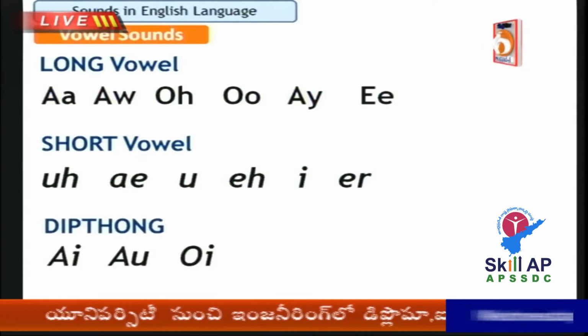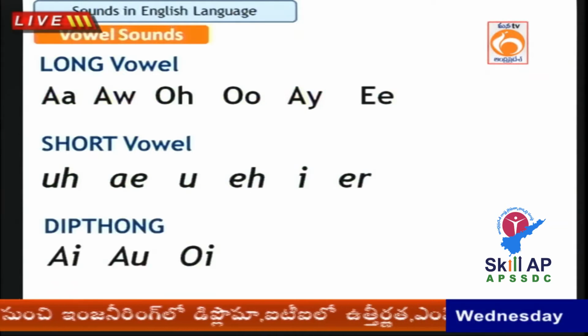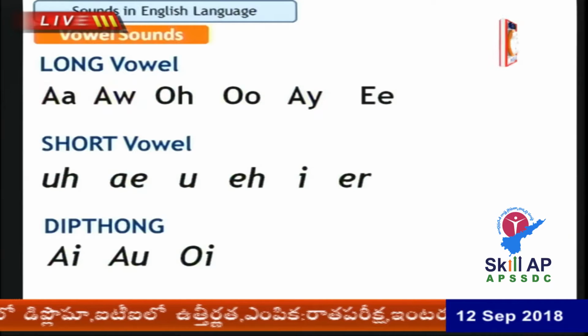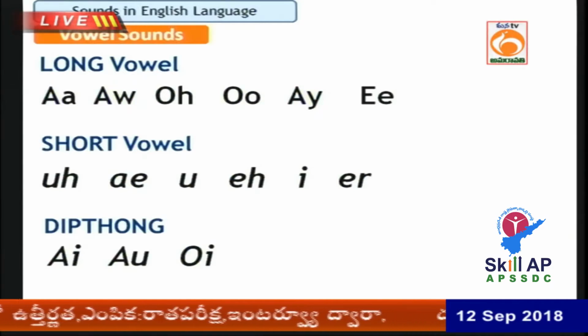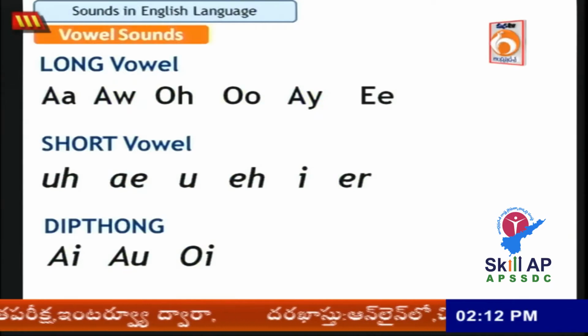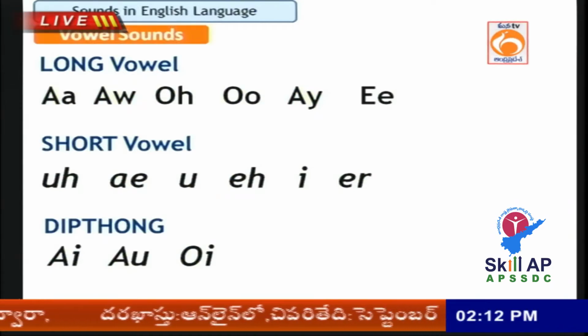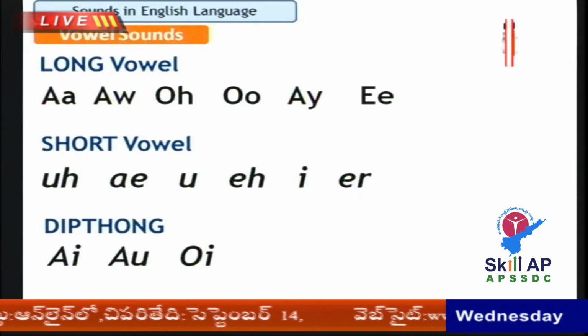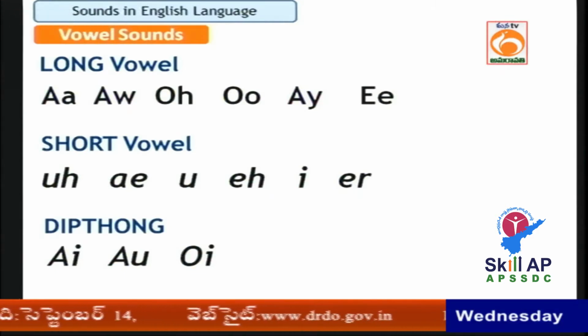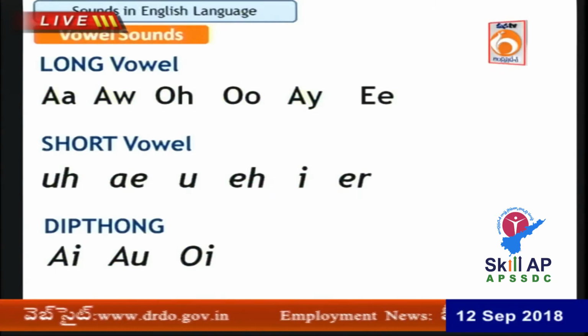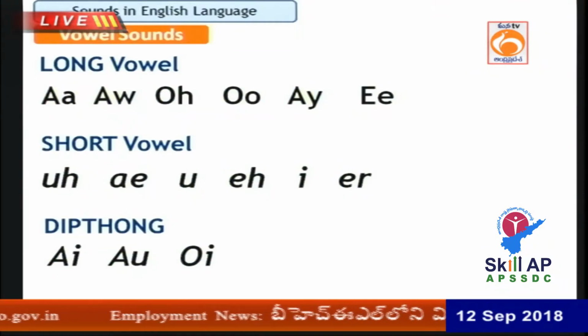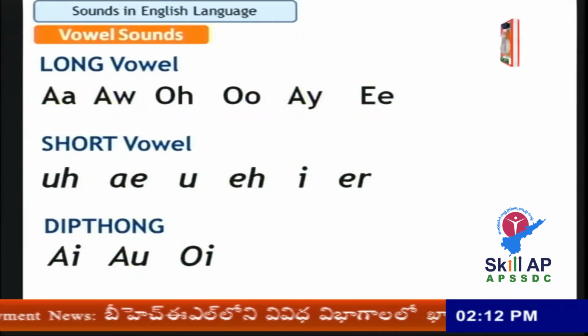The diphthong, which is a combination of two different sounds, we have I, ow, oi. What I'm going to do is leave this here so that you can make a note of it. Then I'm going to pronounce these sounds so that you can make a note of them in your vernacular language. You can probably write this sound in Telugu as well.